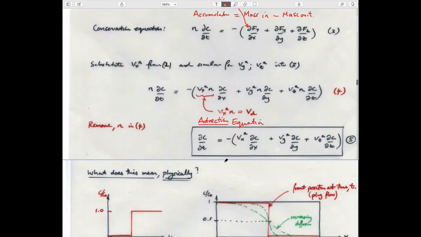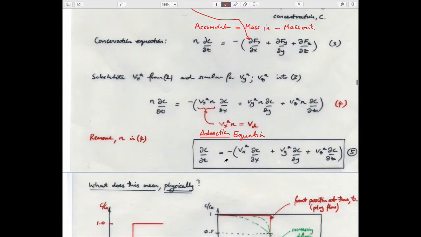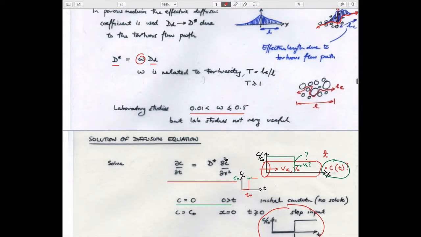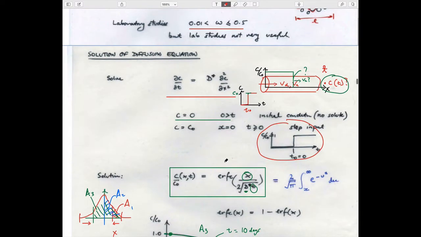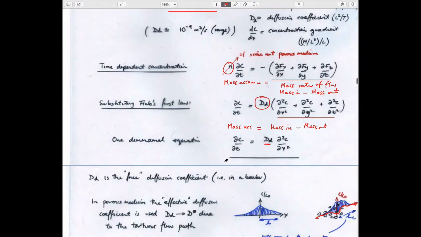It's a little bit complementary to our diffusion equation. So this, where did we do it? There was one before this, right? This is our diffusion equation.